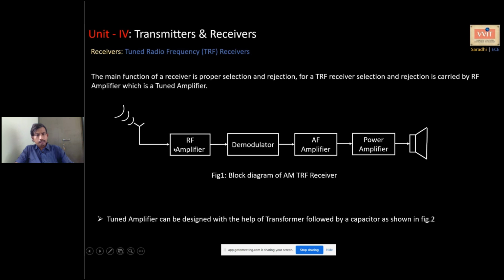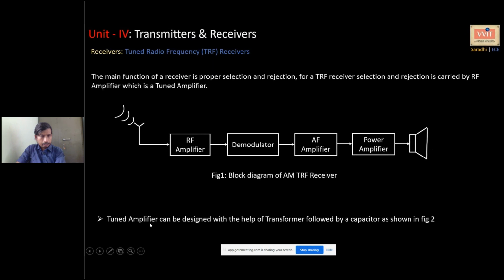So the RF amplifier output is the voltage signal or current. It is an electrical signal. Demodulation is performed and audio frequency amplification is performed. Power amplification is performed. Finally, the output voltage available here is suitable for driving some output device like speakers.